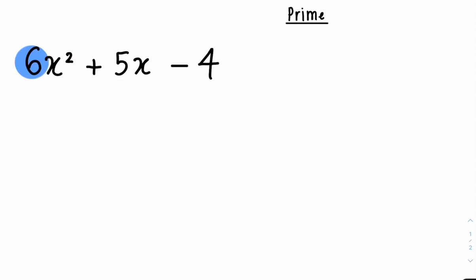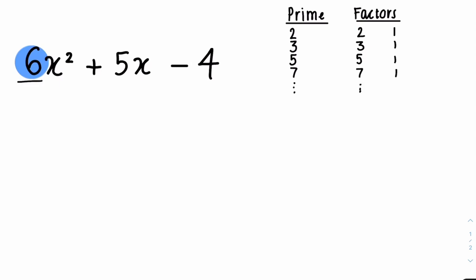Prime numbers include 2, 3, 5, 7, and the list goes on. But the main property with prime numbers is that their factors are just itself and 1. So 2 and 1, 3 and 1, 5 and 1, 7 and 1. So what happens when the coefficient isn't a prime number, like in this case?